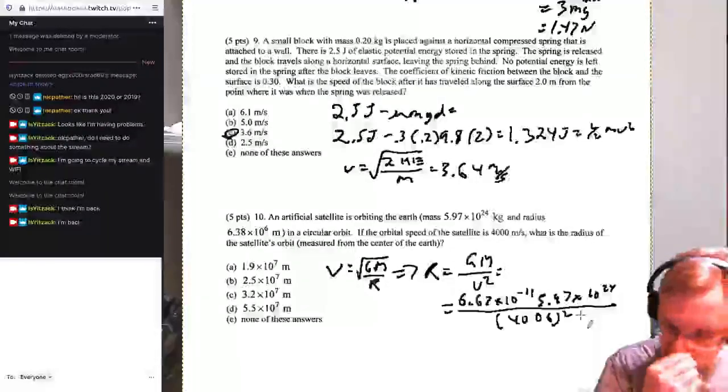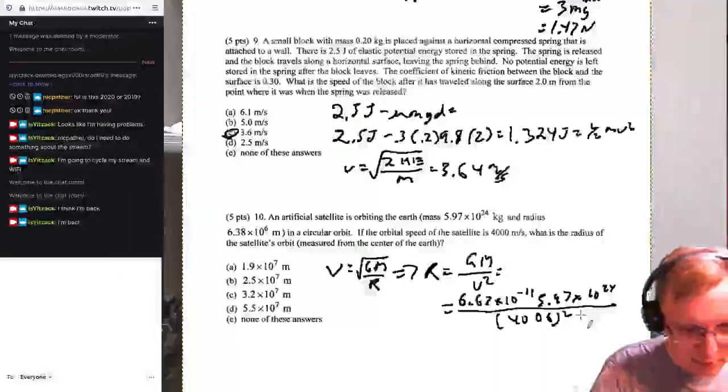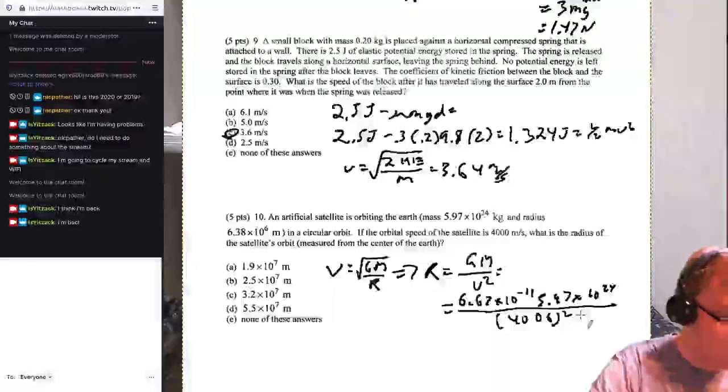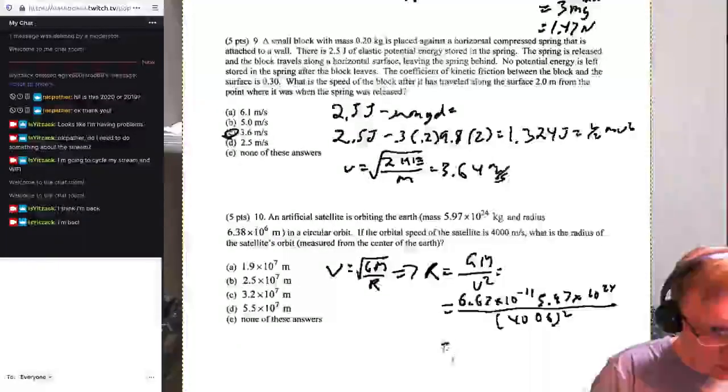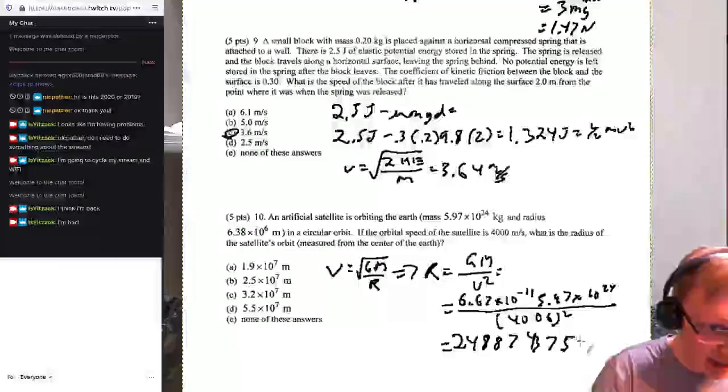No funny units running around, so don't need to worry about that. 6.67e-11 times 5.97e24 divided by 4,000 squared is 24887437.5 meters.